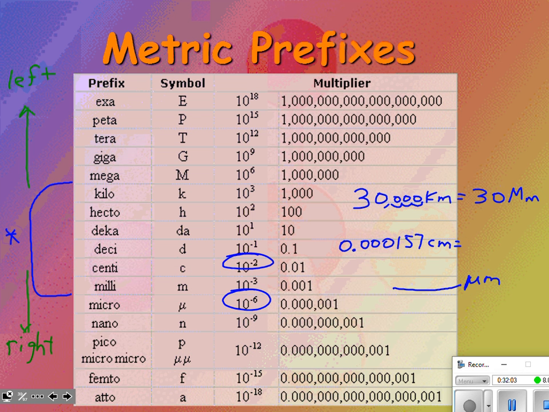So how many jumps is that going to be? 4 jumps. What way am I jumping that? To the right. So 1, 2, 3, 4. 1.57 micrometers.